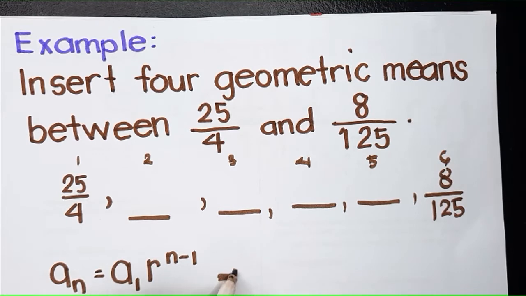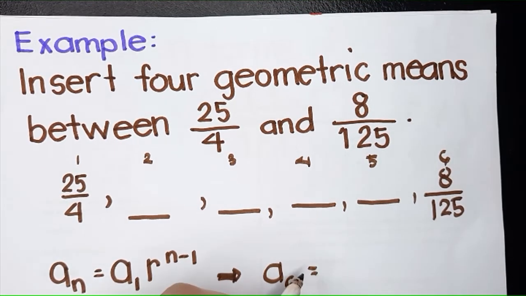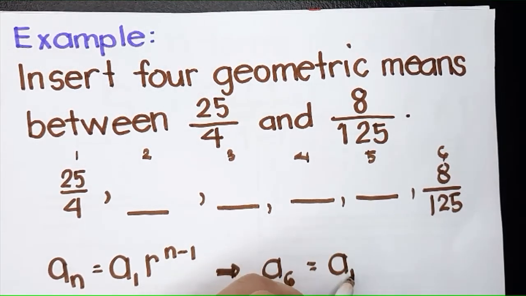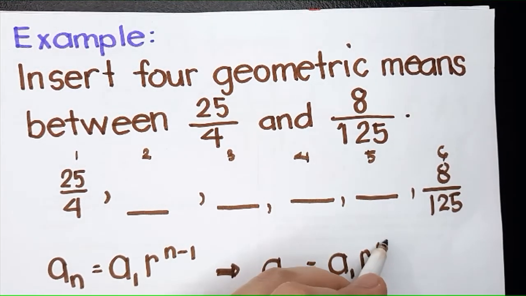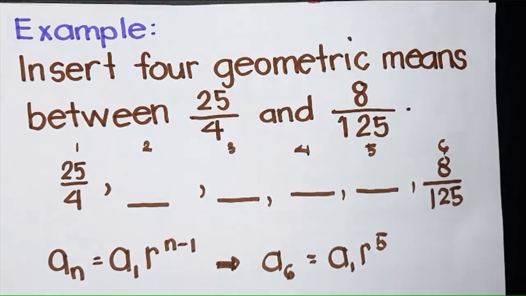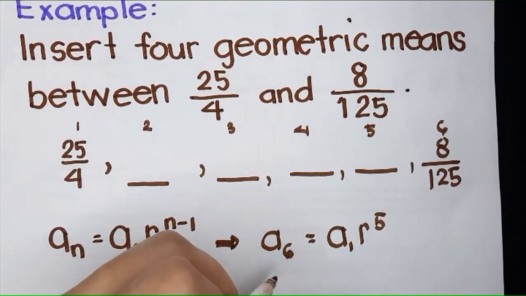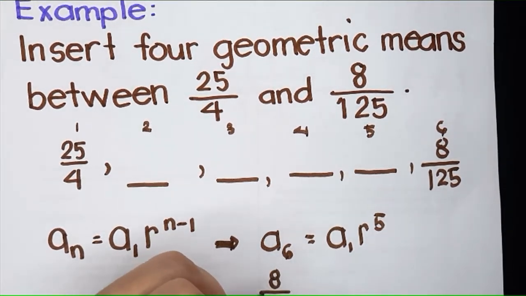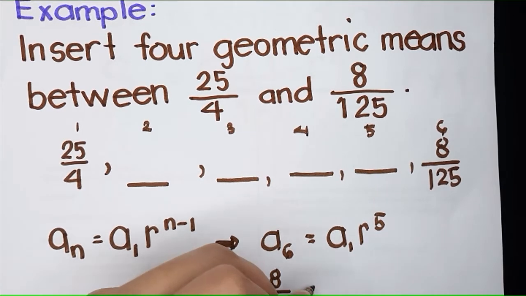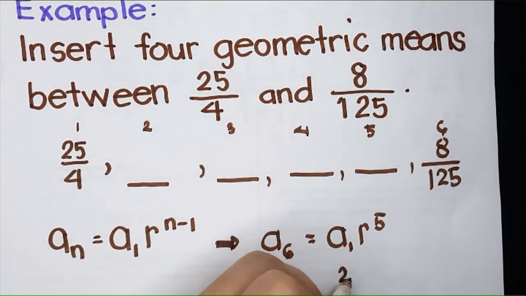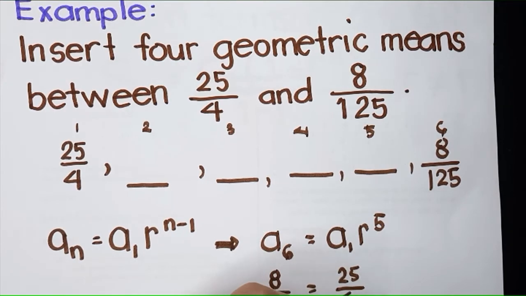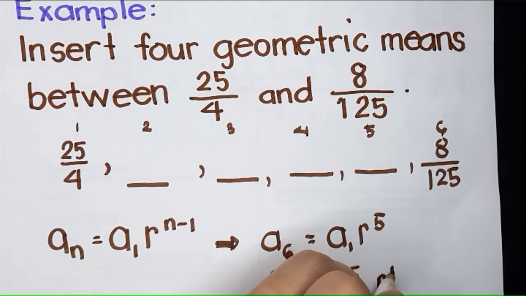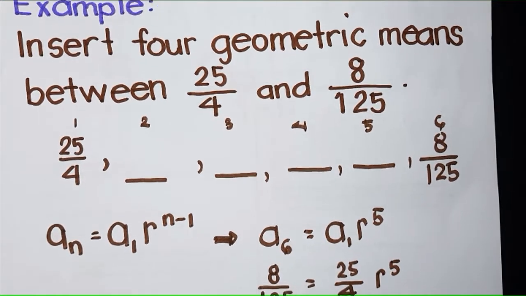So, ito magiging a sub 6 is equal to a sub 1 r raised to 5. Okay? So, what is a sub 6? 8/125. What is a sub 1? 25/4 r raised to 5. Okay?